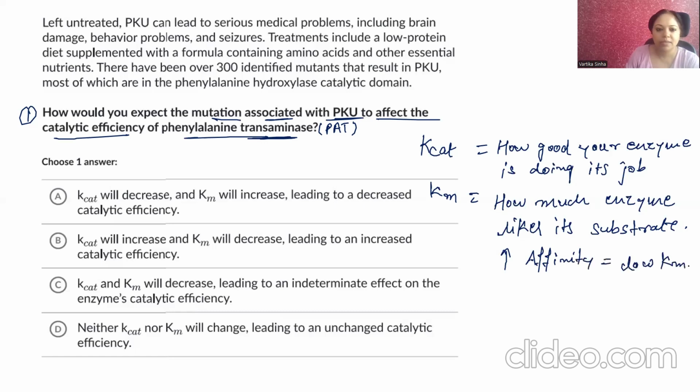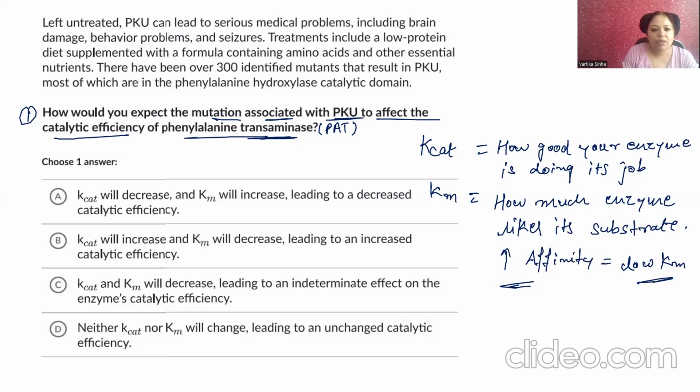Everybody who is preparing for the MCAT should be clear about these terms, these terminologies, right? Okay, so Kcat means how good your enzyme is doing its job. Km means how much the enzyme likes its substrate. Now, the first option: Kcat will decrease and Km will increase, leading to a decreased catalytic efficiency.